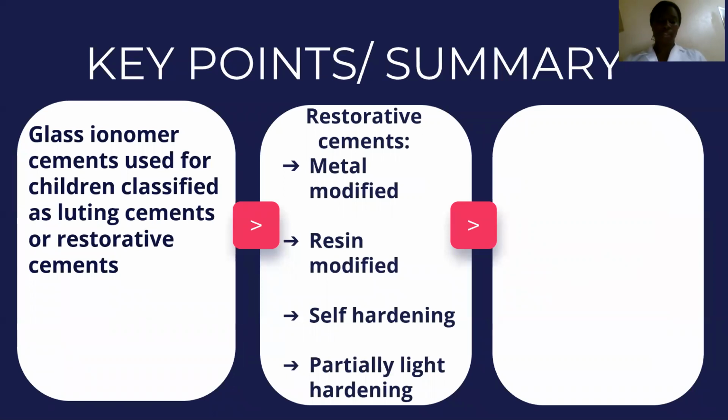Furthermore, the resin-modified glass ionomer cements set partly by polymerization and partly by neutralization to give slightly harder materials. And overall, resin-modified glass ionomer cements give more aesthetically pleasing results.